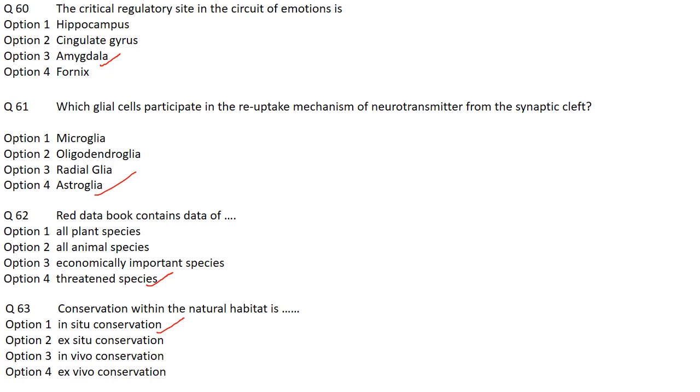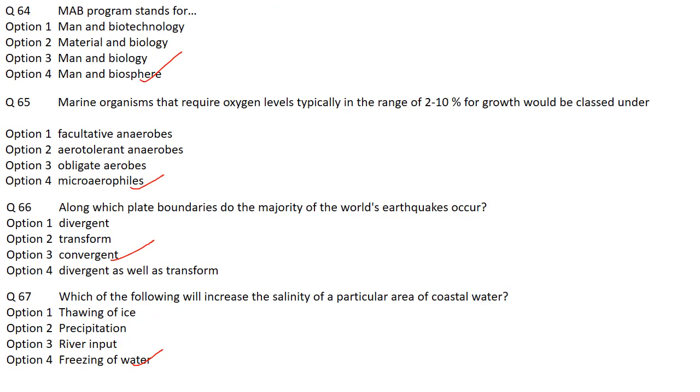Conservation within natural habitat is in situ conservation. MAB program stands for Man and Biosphere. Marine organisms that require oxygen levels typically in the range of 2 to 10% for growth would be classified under microaerophiles.